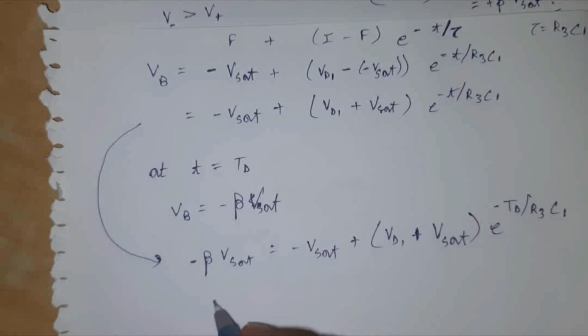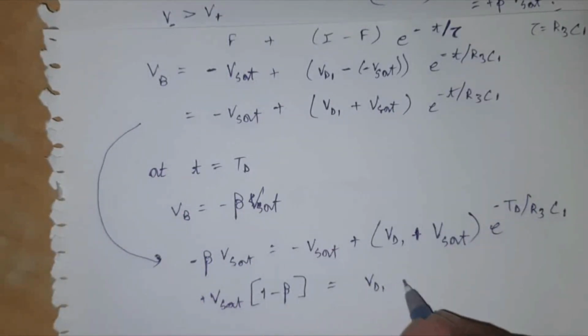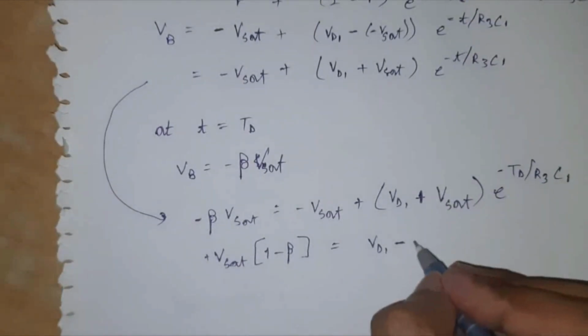So bringing this on the left side, plus V sat into 1 minus beta, and VD1 plus.